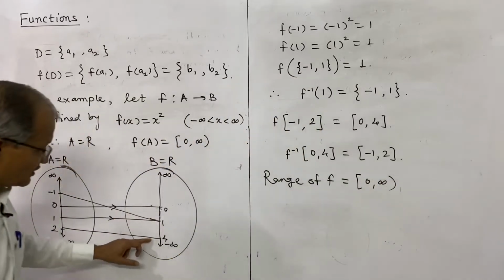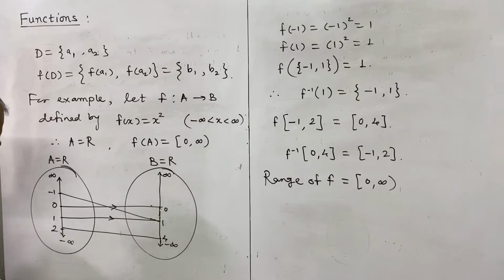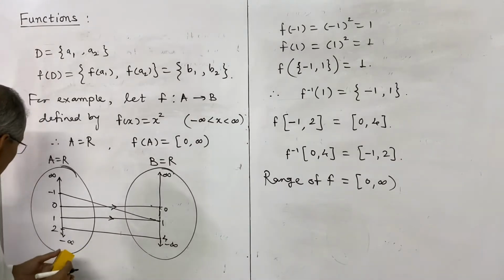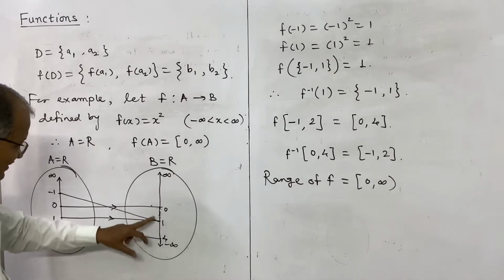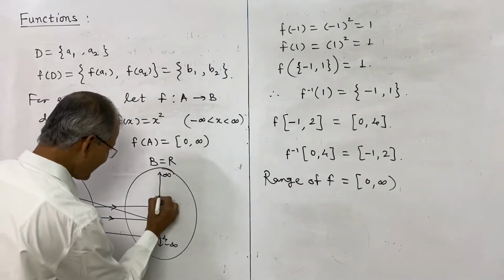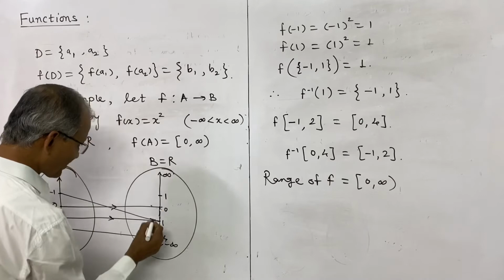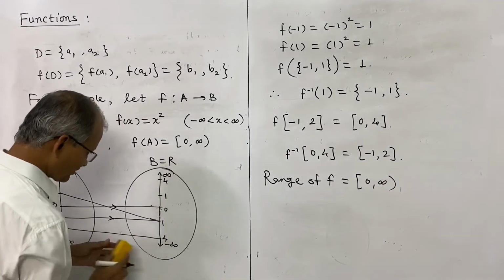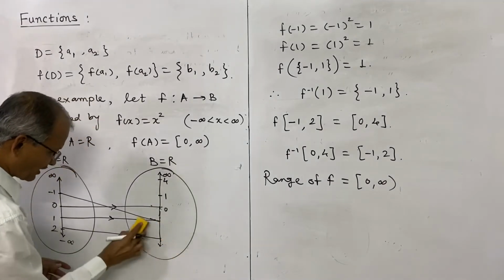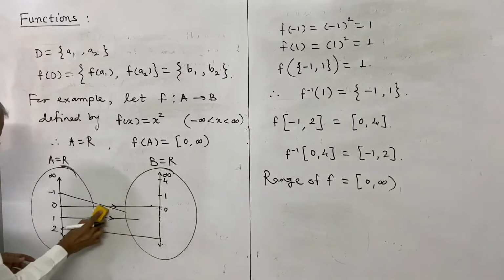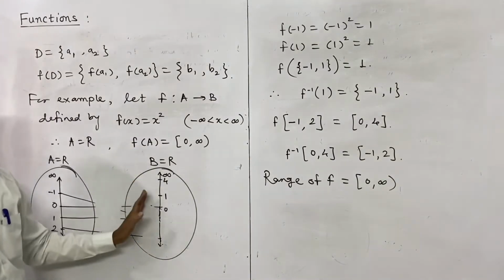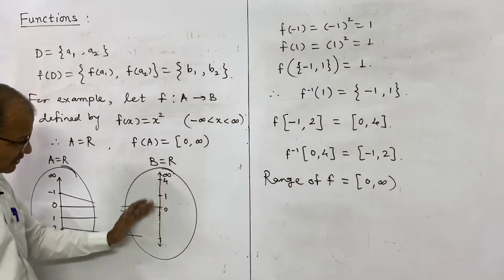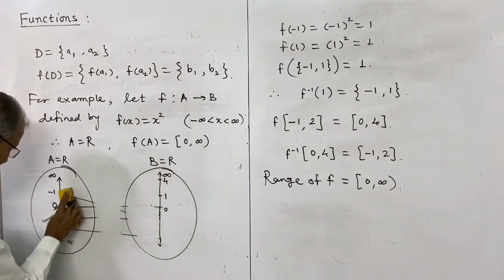See, I should write this correctly. Here we have written 0 to minus infinity, but 1 will be on the positive side and 4 will be here. So please note this, and we have to correct it. These arrows are to be corrected. So the upward direction we shall consider positive, and downward we shall consider negative.